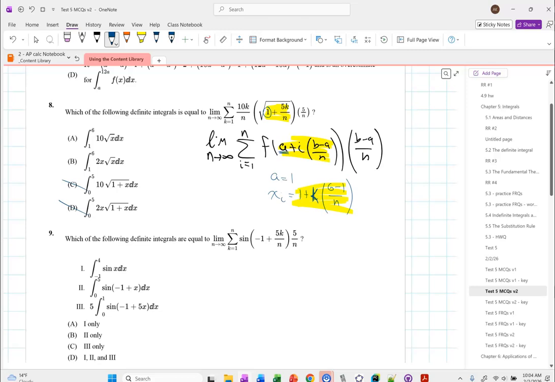So if that's the case, can it be 2x in front? I have 2 times 1 plus 5k over n. Am I going to get the right thing?